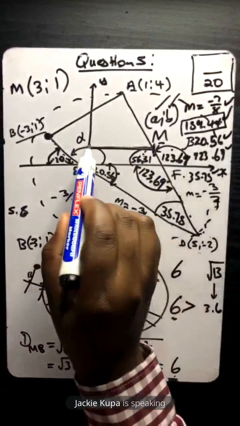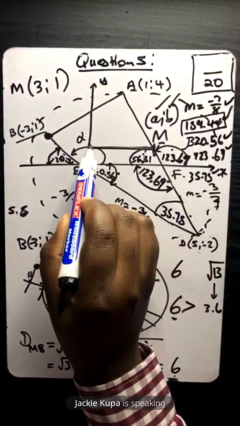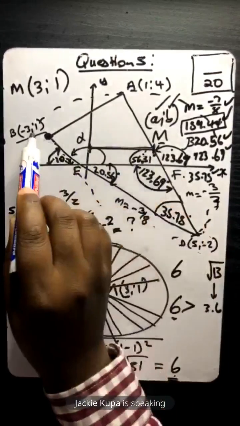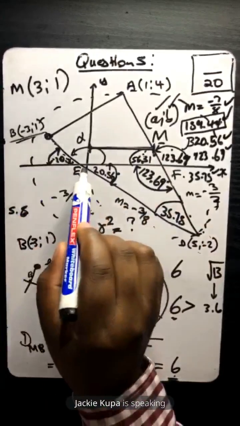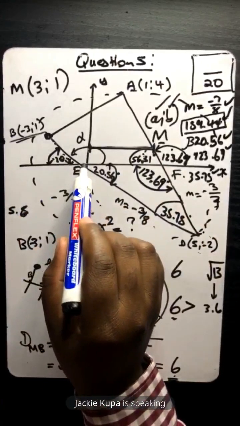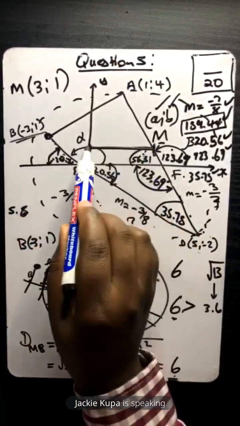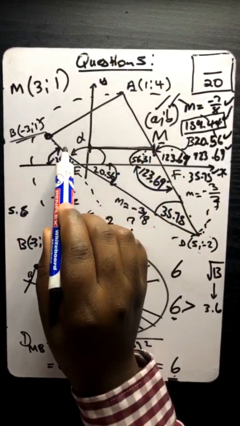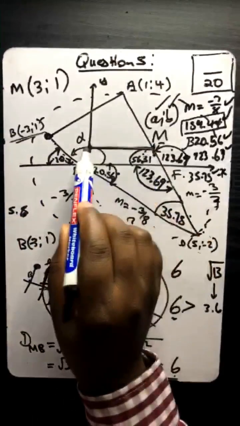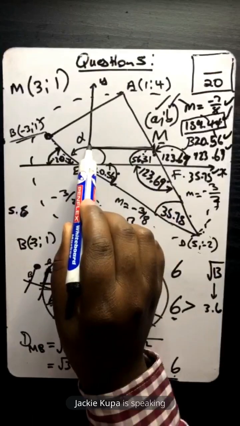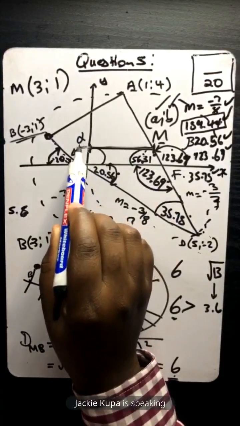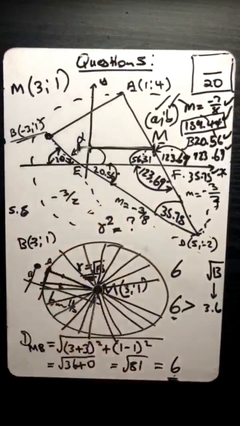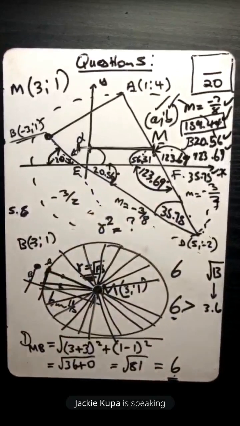From the center to B. Where is B? I don't see your B. B is somewhere there. From the center to B is 3 comma something. Yes. I don't know how to explain it, but I understand it like that.